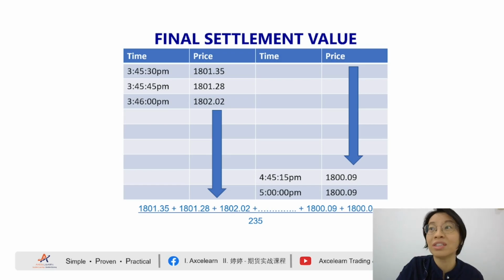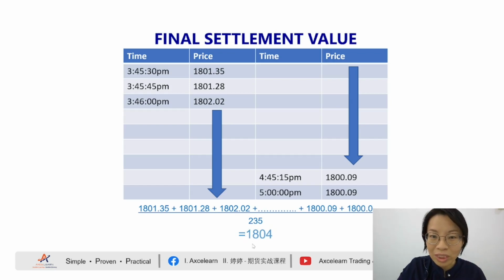When you exclude the 3 highest and 3 lowest, in total you have 235 index points. So let's say, for example, if I average out, the figure is 1804. Let's say, because in between it might be 1805, 1806, right? So when it averages out, I have 1804.